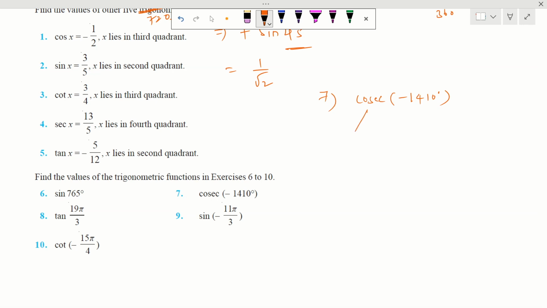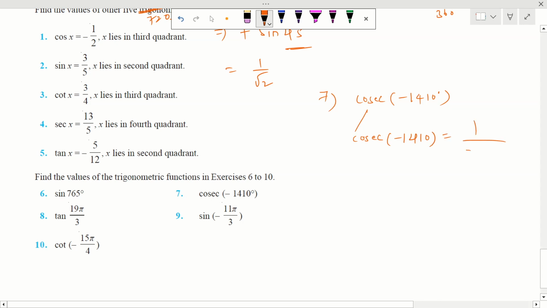Cosecant is what? Cosecant of minus 1410 we can write in the form of 1 by sine, right? 1 by sine is cosecant, so 1 by sine of minus 1410 I can write. Now this is in which form? It is in the form of sine of minus x. Sine of minus x is what? Minus sine x, you know.